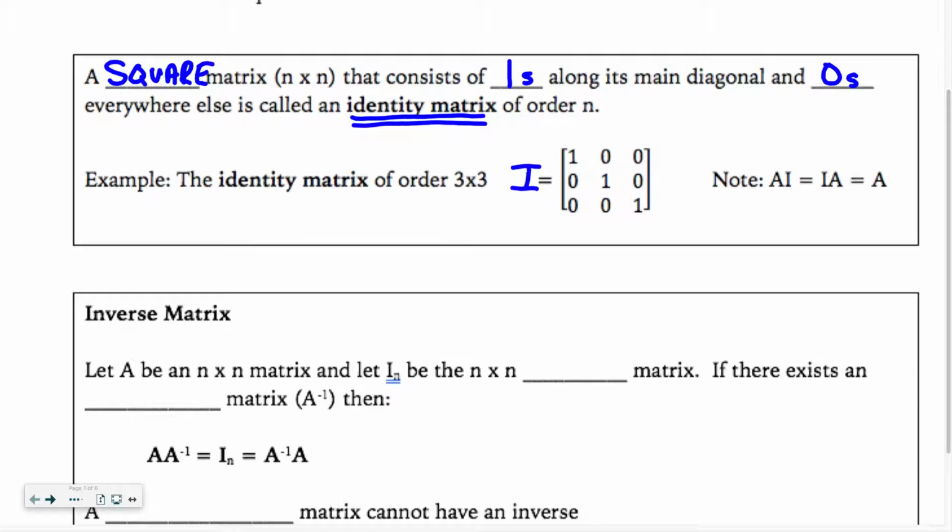Now note it says off to the side, a matrix A times the identity is the same as the identity times matrix A, which is equal to A. So if I were going to pick, like this is a 3 by 3 matrix, I'll put in that same matrix.